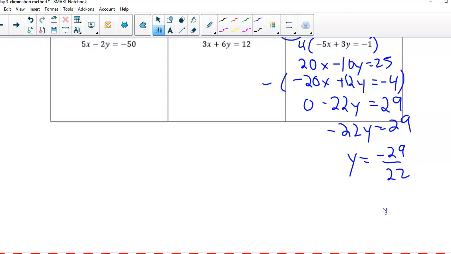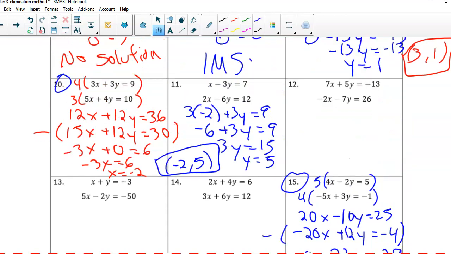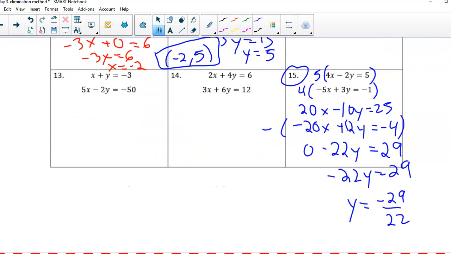Which one do we want to put that back into? The first one? Okay. This is the first one. 4x minus 2y equals 5.